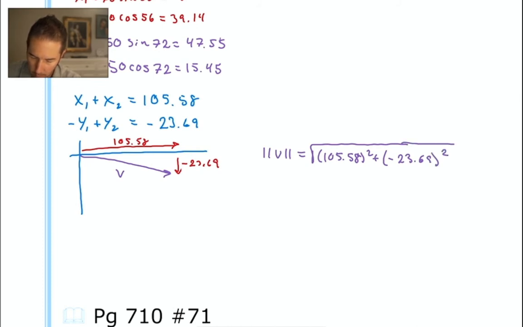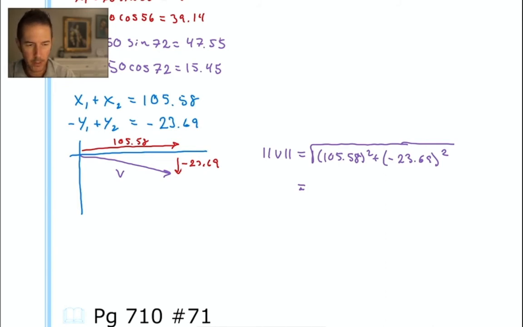We have to square that also, and that is equal to, so I'm in my scientific calculator still. I'm doing all of this in my scientific because my students are only allowed to use their scientific calculator on this next exam that's on this material. So I'm trying to practice with the correct tool that I'll be using during the exam. So I typed in 105.58 and I'm hitting the x squared button, and I got 11,000 and change.